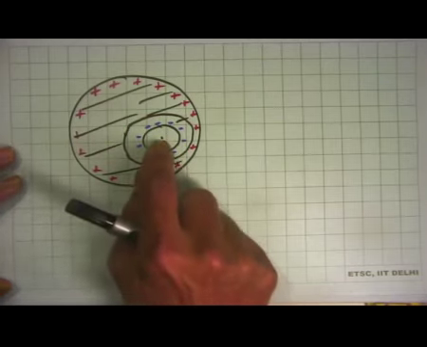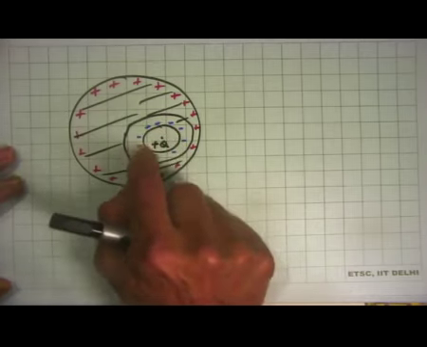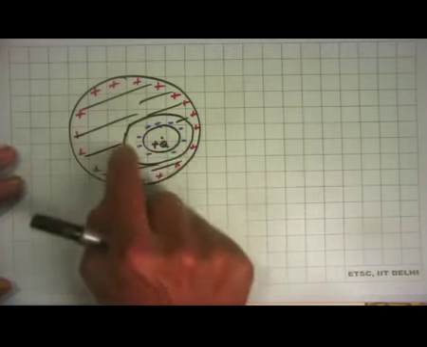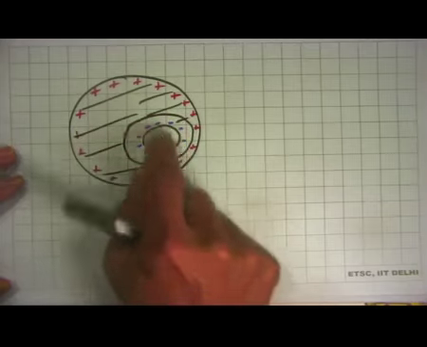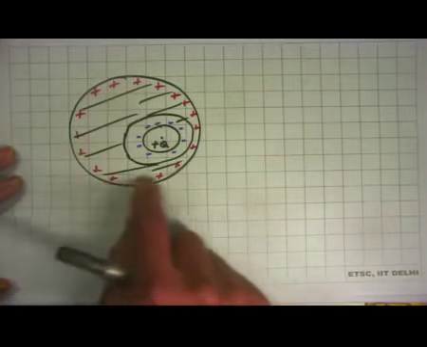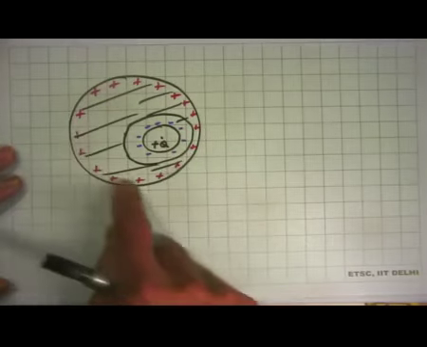So, a plus q charge here means a minus q charge accumulated on the inner surface of the cavity, so that the net flux is 0 on this Gaussian surface. And these negative charges will leave an equal amount of positive charge on the outer surface of the conductor, equally distributed if the conductor is spherical.